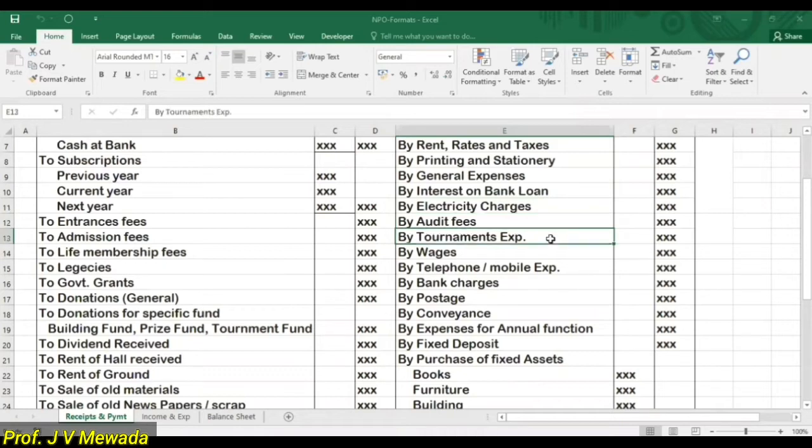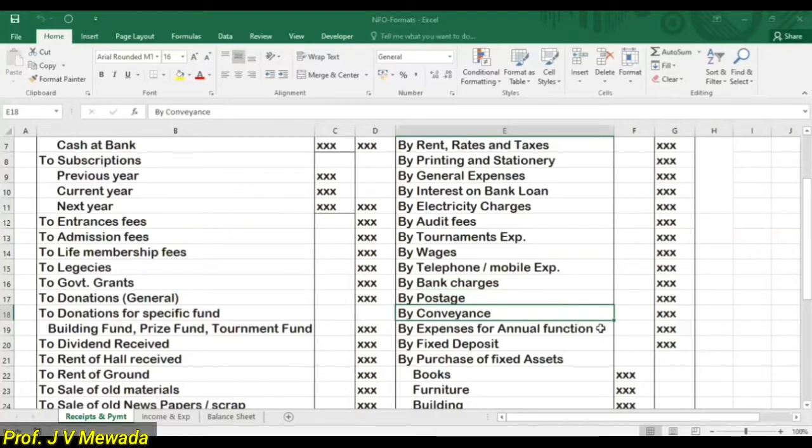Tournament expense: just like we have tournament receipts, we have tournament expenses also. Wages is our expense, and so are telephone and mobile expenses. Then we have bank charges that we pay to the bank. Then we have postage. Then we have conveyance, which is local traveling.